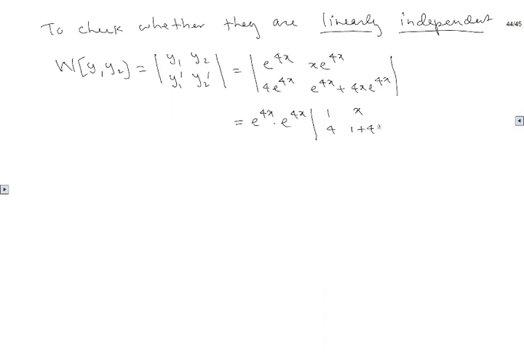Now it is easy to simplify. When you multiply, you add the exponents. The determinant is 1 plus 4x minus 4x, which cancels. So you simply get e^(8x), which is not equal to 0. That means y1 and y2 are linearly independent.